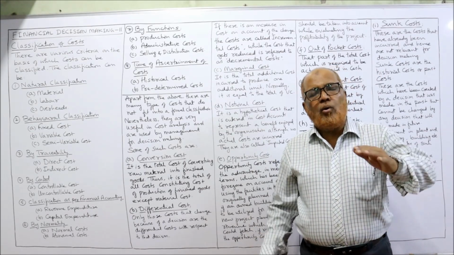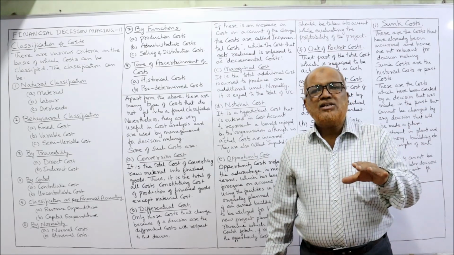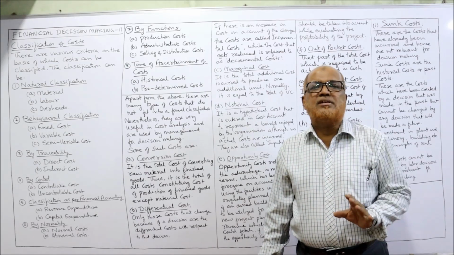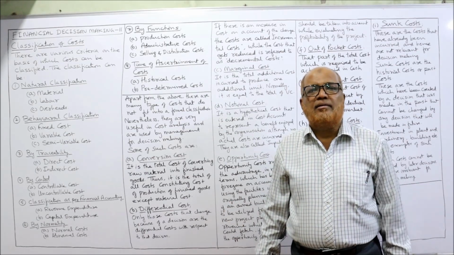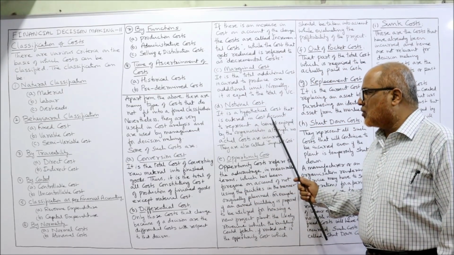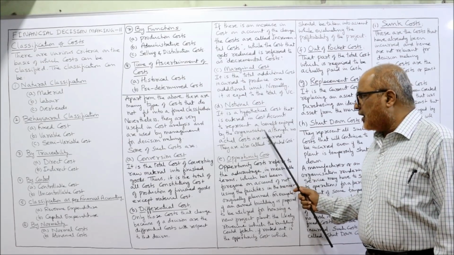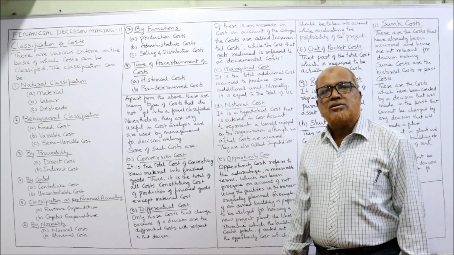Rent will be paid only when it is let out. But when rent is charged for own premises, it is not the rent paid. Simply we are providing for rent. That is called notional cost. It's a hypothetical cost that is entered in cost account to represent a benefit enjoyed, although no actual cost is incurred. They are also called imputed cost.